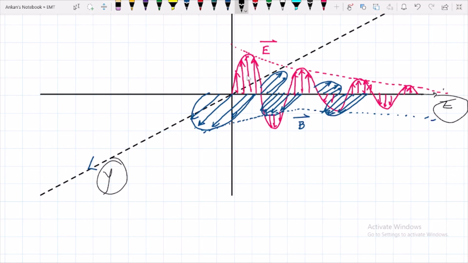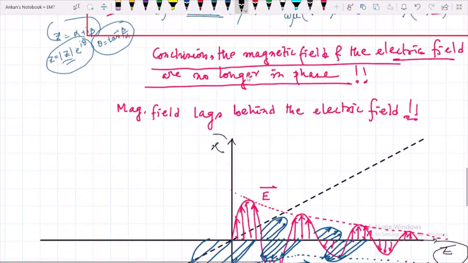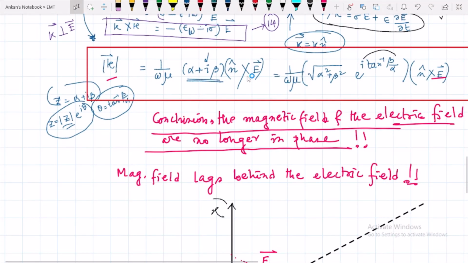So the relative phase difference is determined by the term tan inverse beta by alpha. By tan inverse beta by alpha, you can obtain the relative phase difference between these.